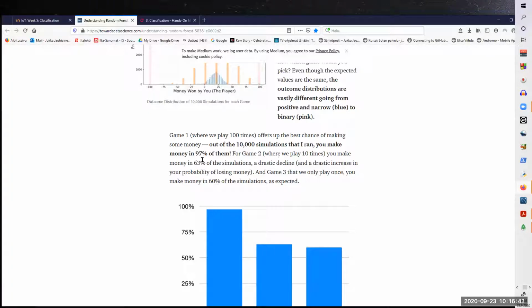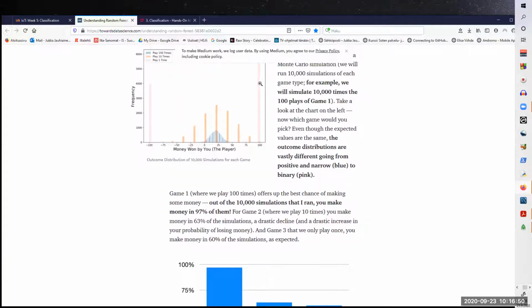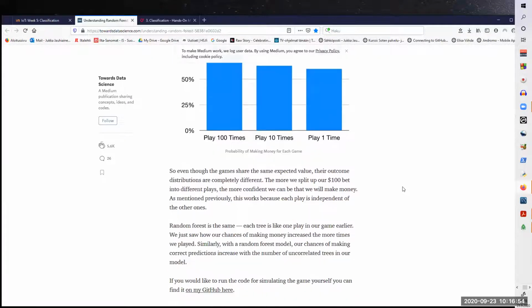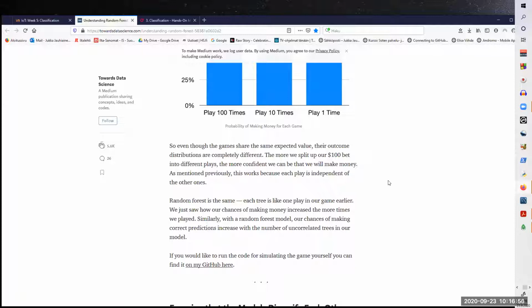In 10 times, you make money in 63% of the simulations, and in the single play, 60%. So in random forest, each tree is like one play in a game.